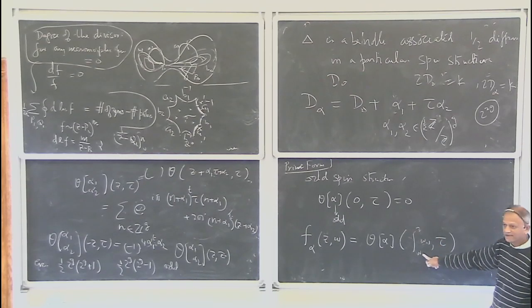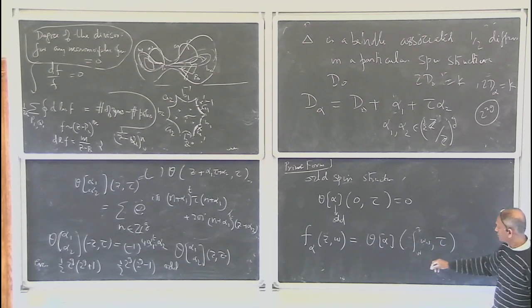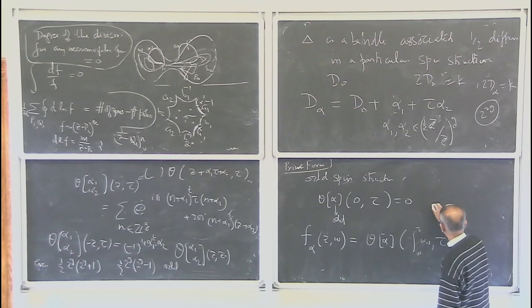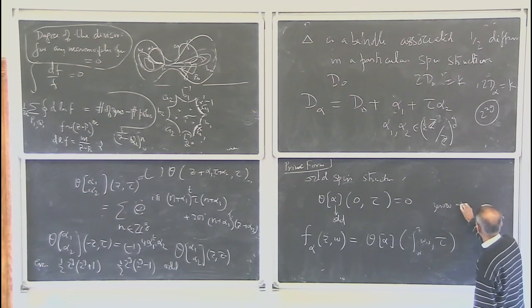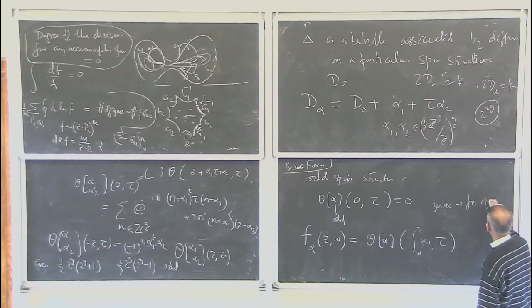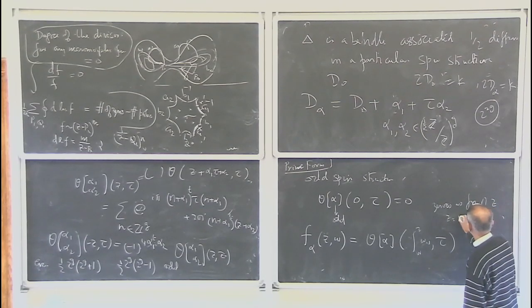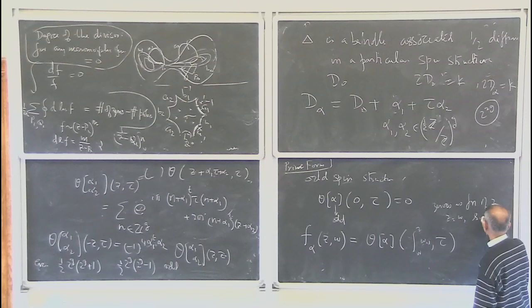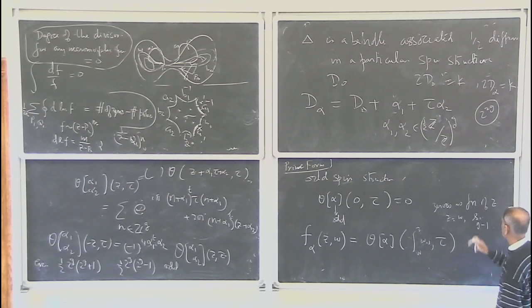One of the zeros is clearly at W. So let's suppose the zeros as a function of Z are at Z equal to W and some other G minus 1 points. Let's call them S i, because the total number of zeros is G, as we have seen.